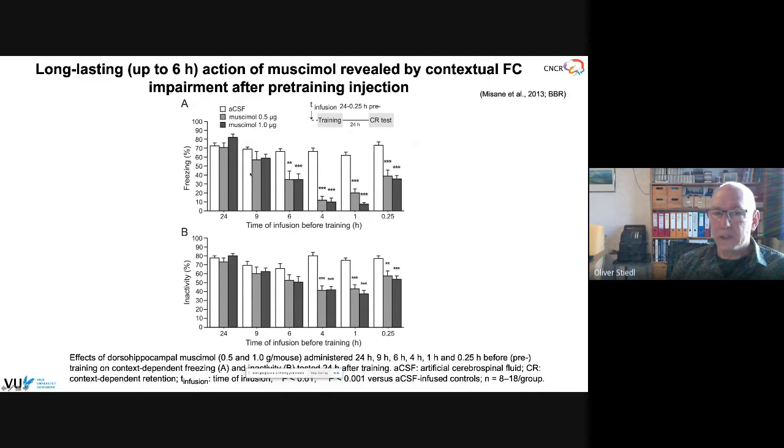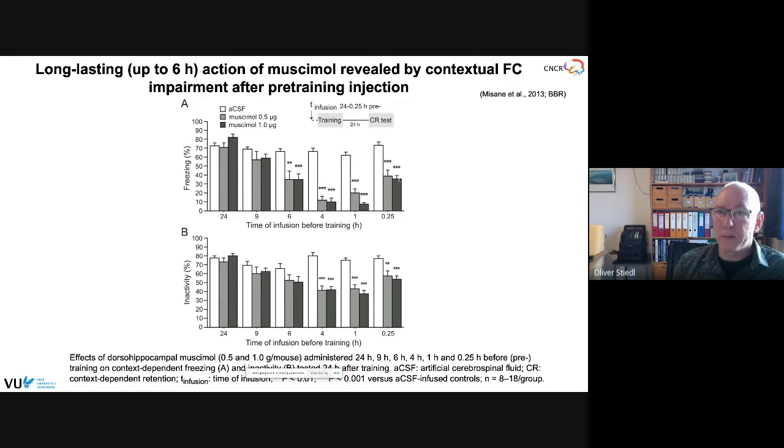Here we have investigated the dose dependency, the site specificity, and also the timing of the drug infusion before training, to find out how long lasting is this drug. What is the optimal time window to interfere with? And you can see at 4 and 1 hours, we see the most profound impairment, but you see already an effect at 6 hours before, and even 15 minutes before is still effective.